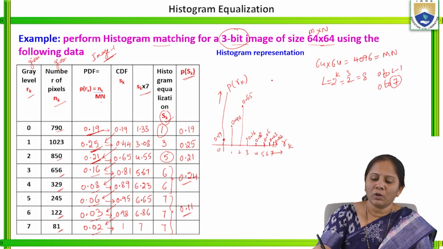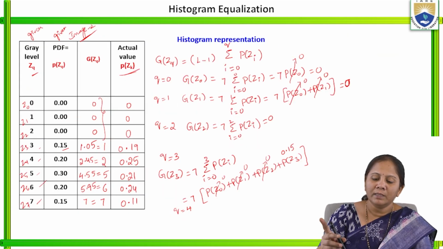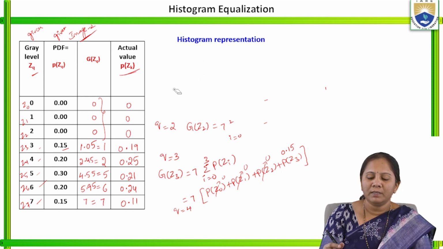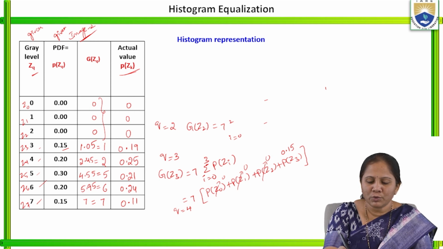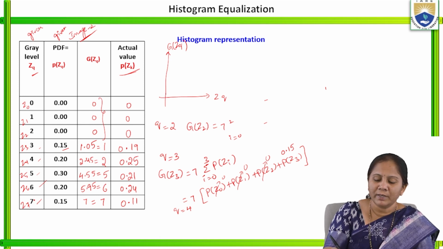So here we have drawn histogram representation for the image 1. So similarly in this case also, we have to draw the histogram. So what type of histogram we have to draw means, first one is G of ZQ. So here ZQ are the values from 0 to 7. We have to put 0, 1, 2, 3, 4, 5, 6 and 7. Here the values of G of ZQ we have to take from here.